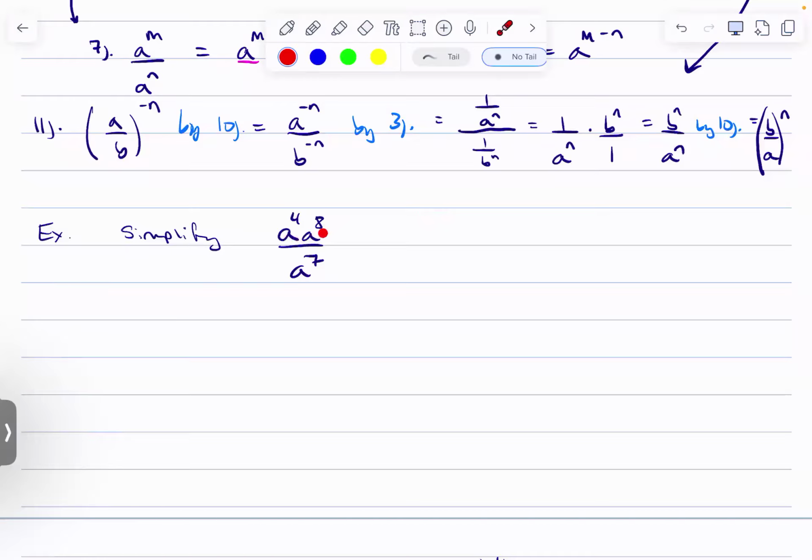Another option is to simplify a to the 4th times a to the 8th into a to the power of something, and then float the a to the 7 upstairs. You'll get the same answer, so it doesn't matter which order you do it, but how my brain works is I like to float the a to the 7 upstairs by making this negative.